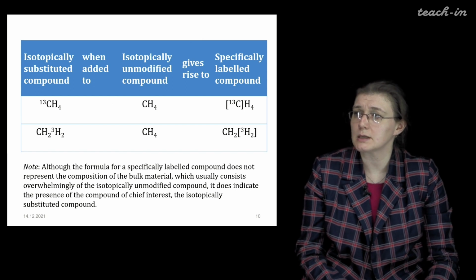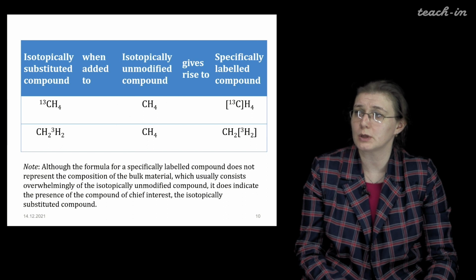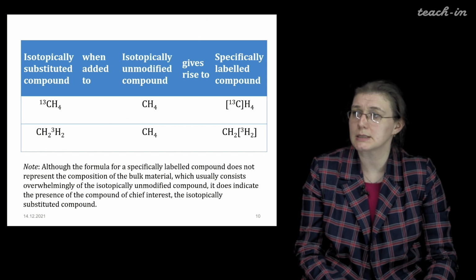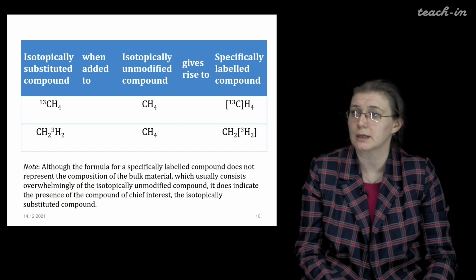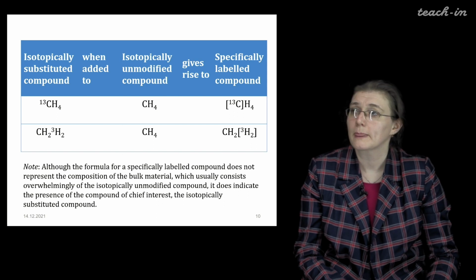I want to emphasize that although the formula for specifically labeled compounds doesn't represent the composition of the bulk material, which usually consists of the specifically non-modified compound, it does indicate the presence of the compound of chief interest, the isotopically substituted compound.